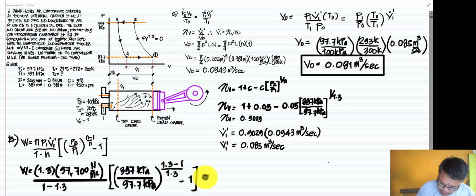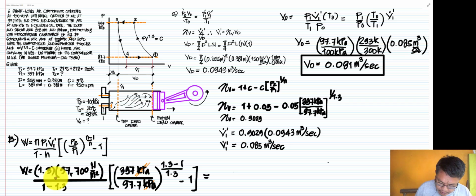So we have your work is equal to, so let's check what we are missing. I forgot to include V sub 1. As I said in my previous lecture, if you check the units here, I forgot something. When I checked my units, I saw that the work is only Newton per square meter, so we are missing something.